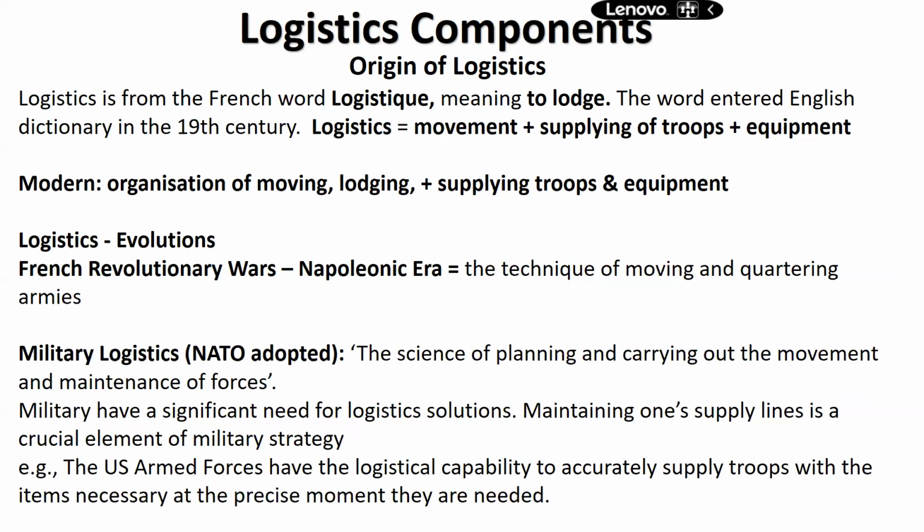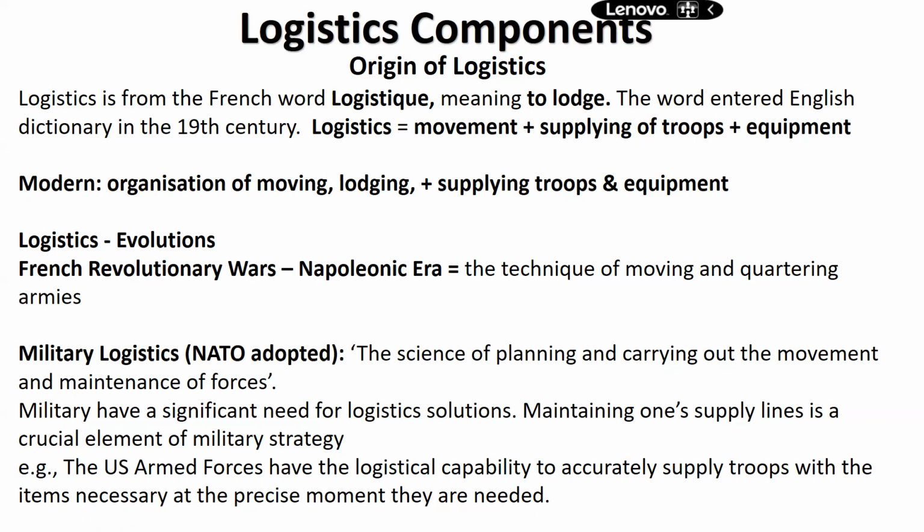Movement plus supply of troops plus equipment. And the modern organization of movement, lodging, plus supplying troops and equipment. So the modern one, that's how they have defined what logistics is. And the supplying of troops plus the equipment is what we call the materials management.